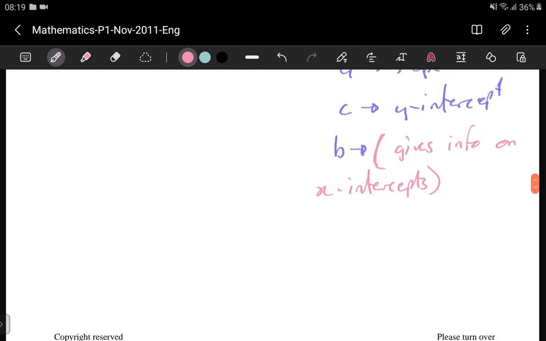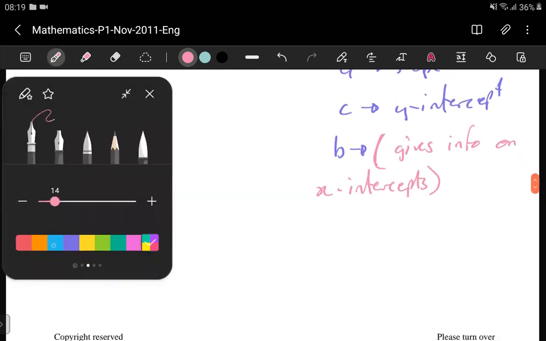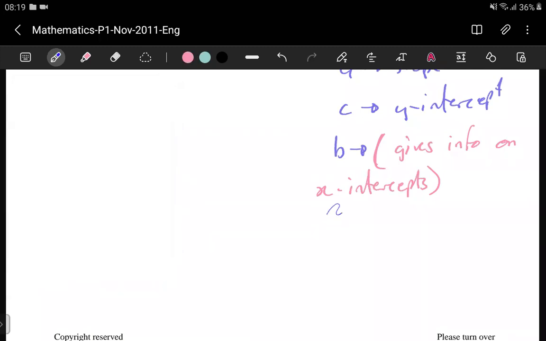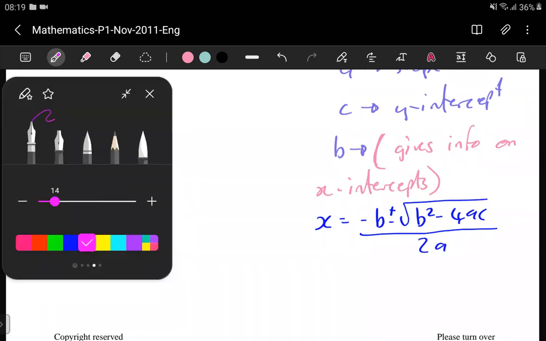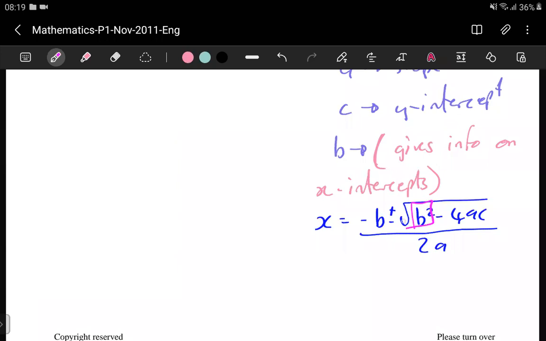And the reason I'm saying it gives information on x-intercepts is because, technically all of them give information on x-intercepts, but the thing about B is that we know the x-intercept will be equal to minus B plus or minus the square root of B squared minus 4AC. See, B is the only thing that appears twice in this equation. Oh yeah, A also. But B is one of the things that really gives an idea of what kind of x-intercepts we get.